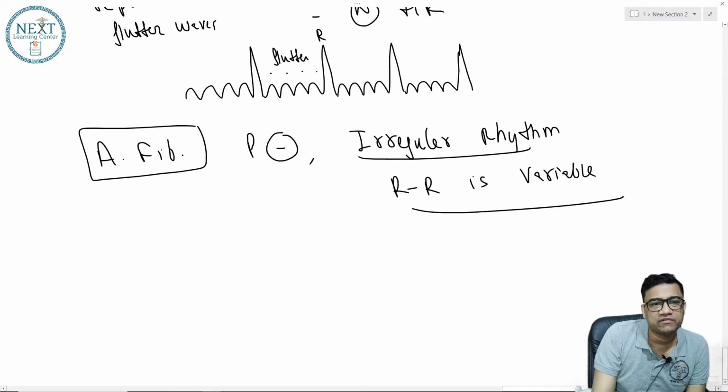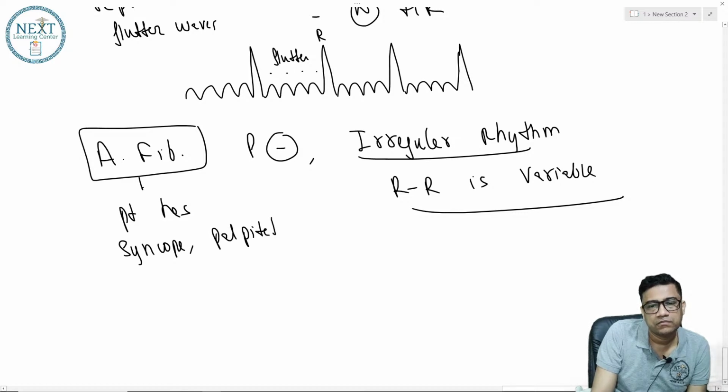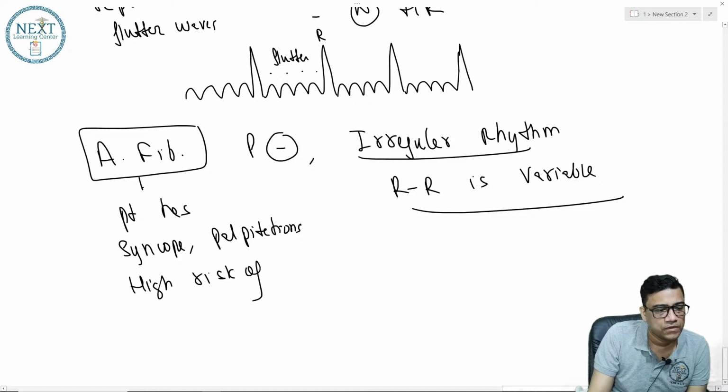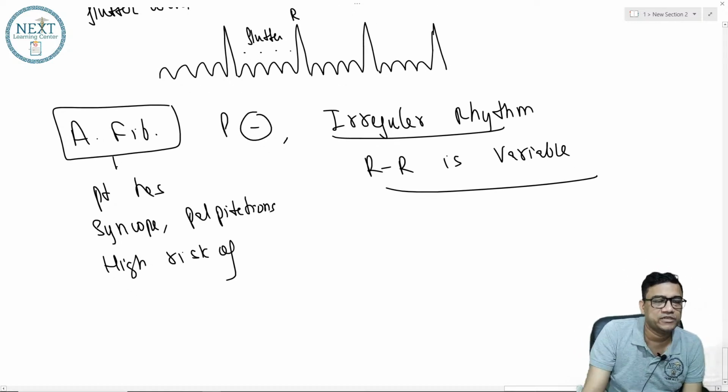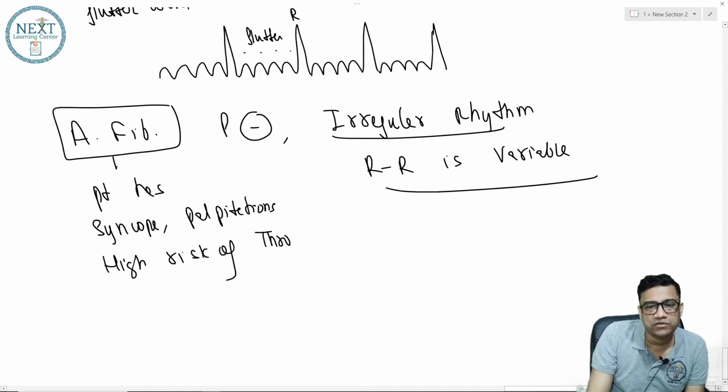They will mention in the patient: syncope, palpitations, and very high risk of thromboembolism. Now I'm making it easy, why are you afraid, I made it so easy for you. And high risk of thromboembolism.